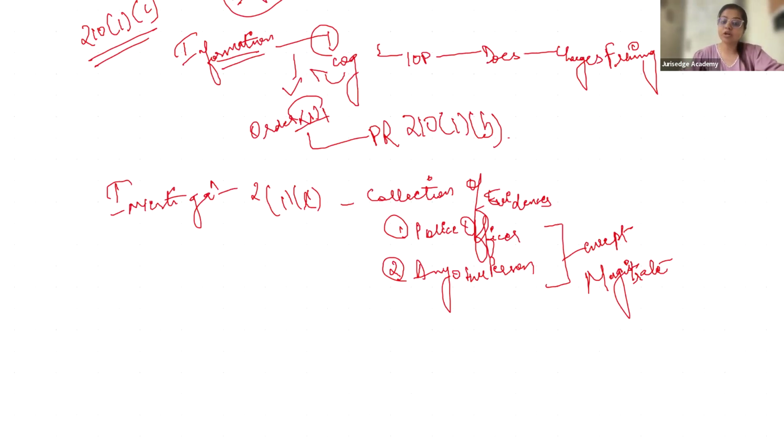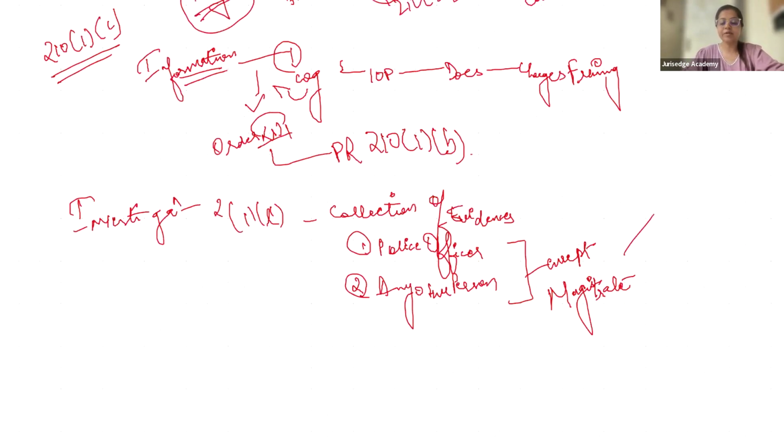The reason behind that is not that the magistrate is a superior authority; the primary reason is that if he is doing the investigation himself, he'll be biased in the trial. Obviously, if he does the investigation, he'll frame a case against someone and he'll be biased towards the other person.